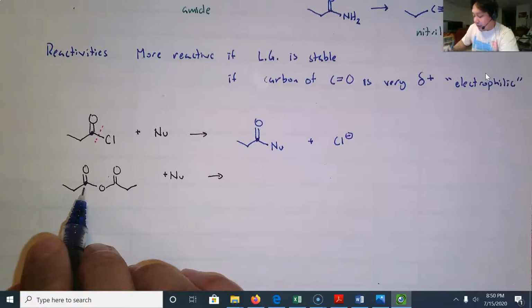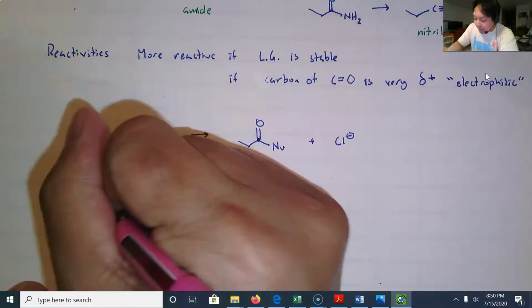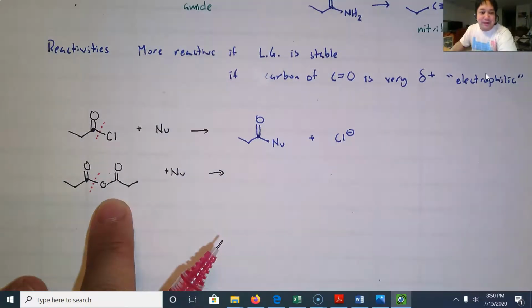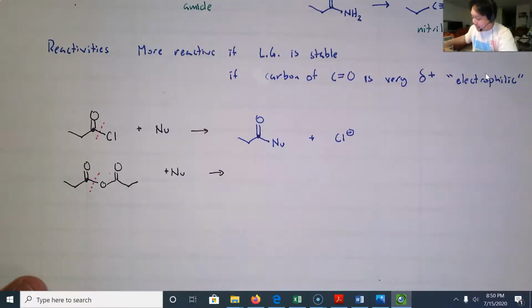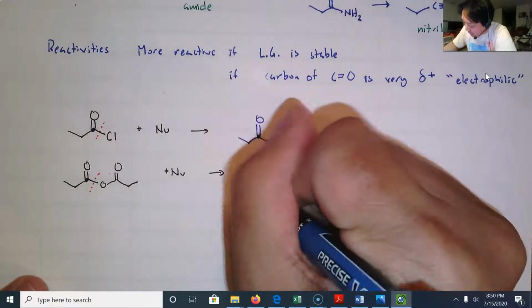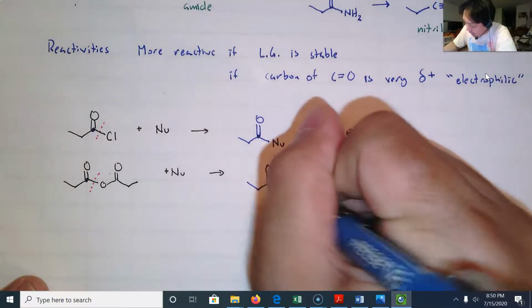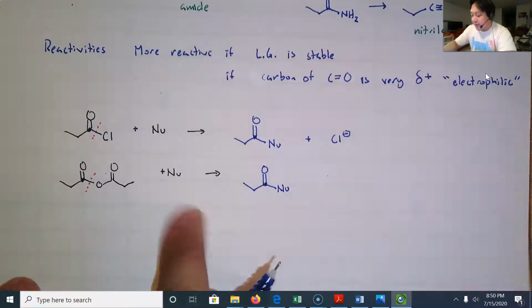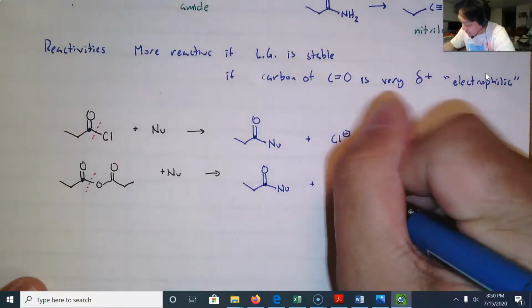If you attack the carbon on the left, then your leaving group is this larger molecule, the bigger piece. And what do we get? Same result, but now my leaving group is this.